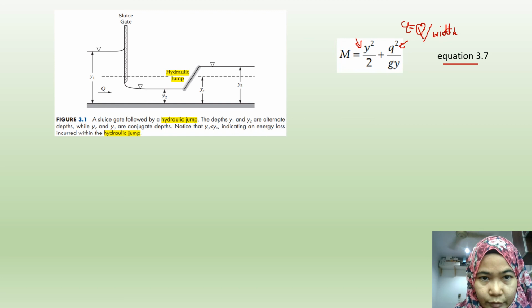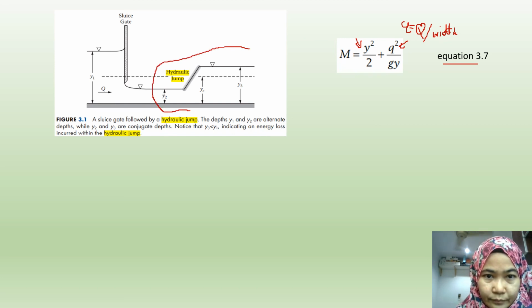In this section, what is conserved? Momentum is conserved. So M2 is equal to M3. We use the equation of momentum at position 2 equal to momentum at position 3.